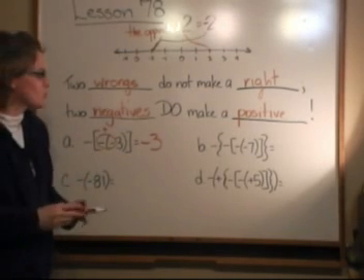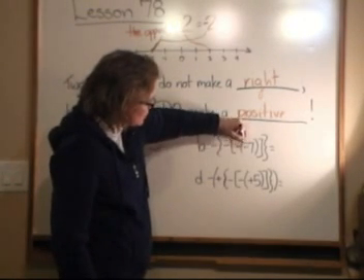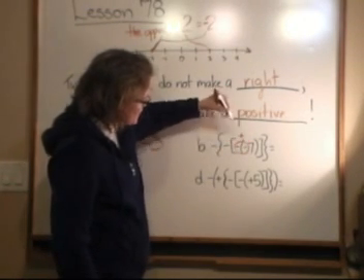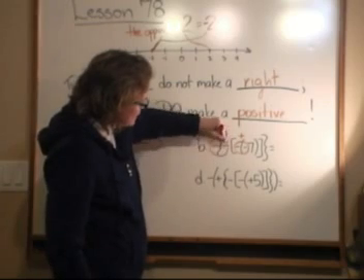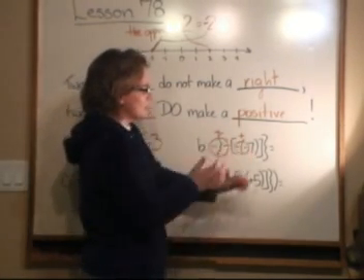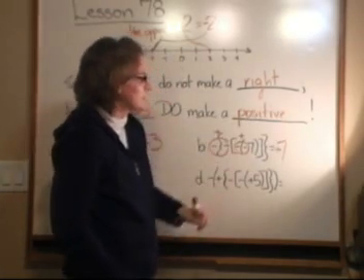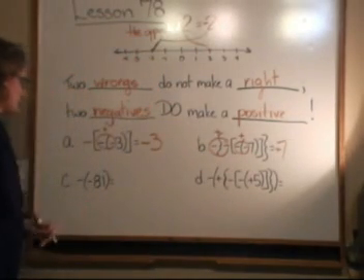All right, let's go to B. So I notice in here I have my 2 negatives equal a positive, and I have 2 more negatives, and they equal a positive. So this is +7 equals just the number 7 or +7. Either one would be acceptable.